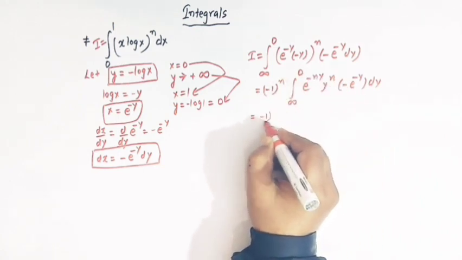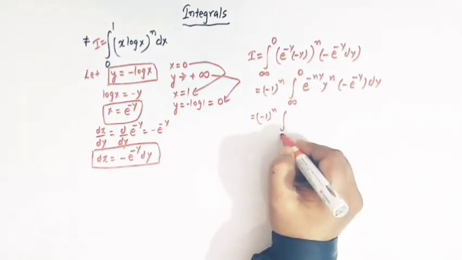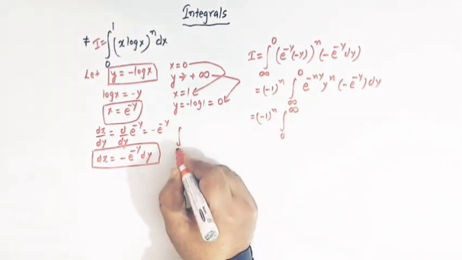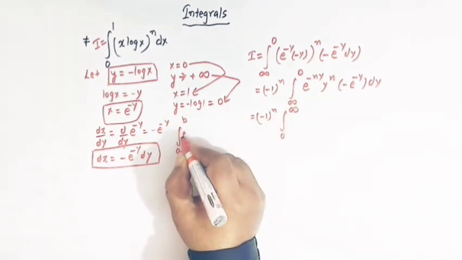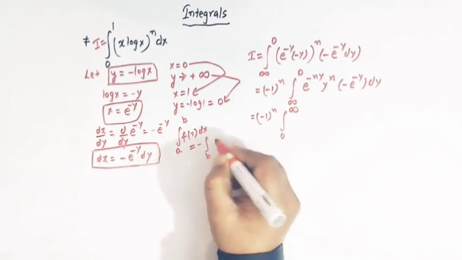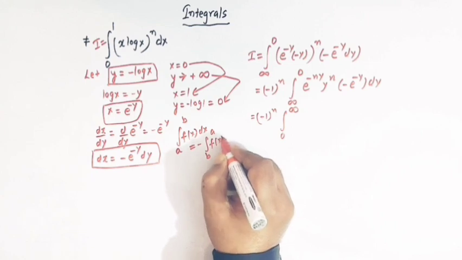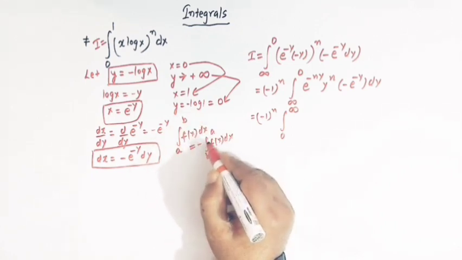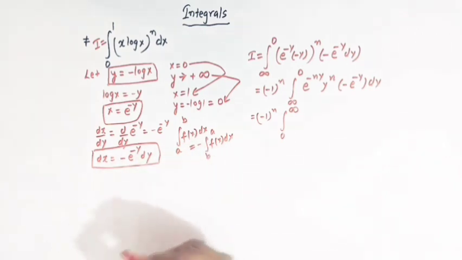So we have minus 1 raised to n, so we can write 0 to infinity, because we know a property of definite integrals, that is the integral from a to b of f of x dx is equal to negative of the integral from b to a of f of x dx, right? So when we interchange the limits, we put a negative sign before the integral sign.